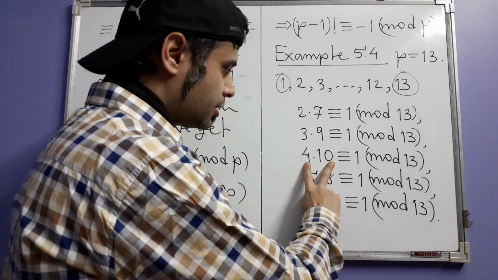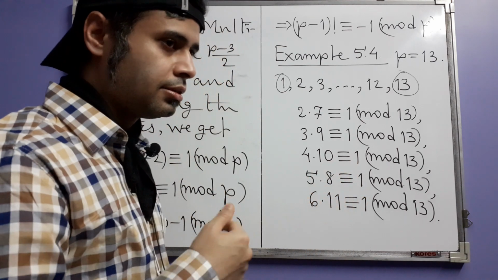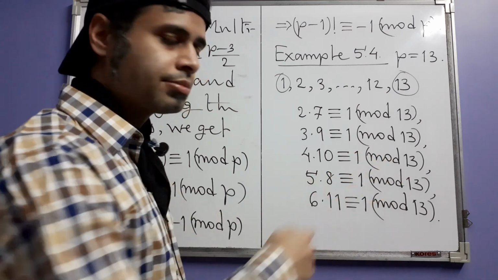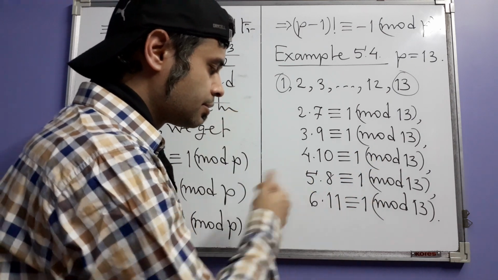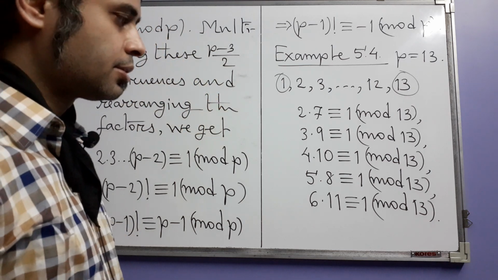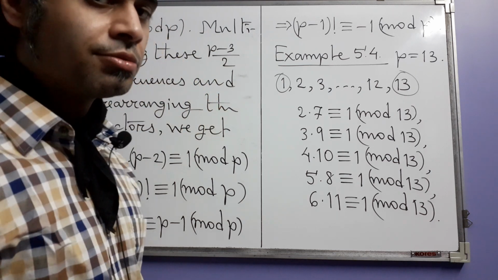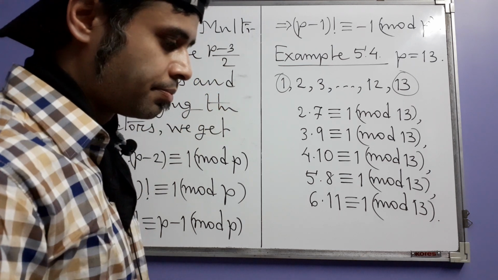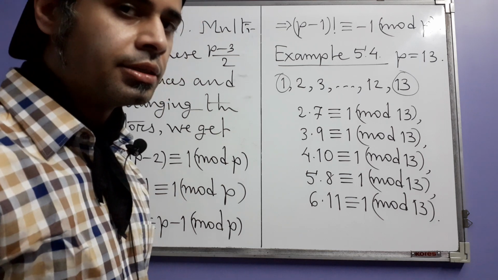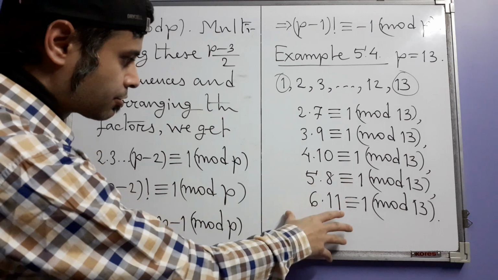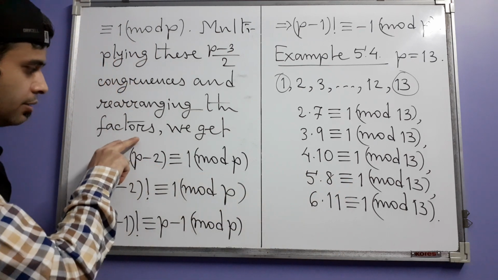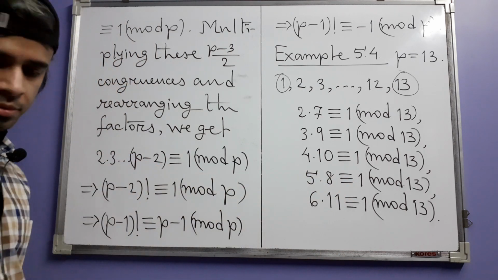This is 40 minus 1, that means 39. 3 times 13 is 39. Again 40, and this is 66 minus 1, 65. That is also divisible by 13 because 5 times 13 is 65. So you can see that these are the concrete congruences that you abstractly saw here.